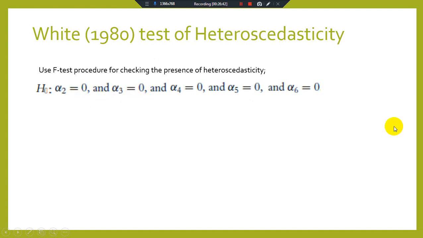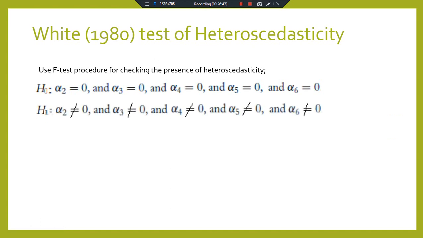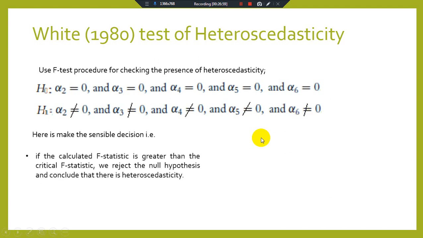These are all separately equal to 0 under the null hypothesis, and for the alternative, alpha 2 is not equal to 0, alpha 3 is not equal to 0, and alpha 4, 5, and 6 are not equal to 0. Keep it in mind that you have to make a sensible decision here. If the calculated F statistic is greater than the critical value, then we have to reject the null hypothesis.